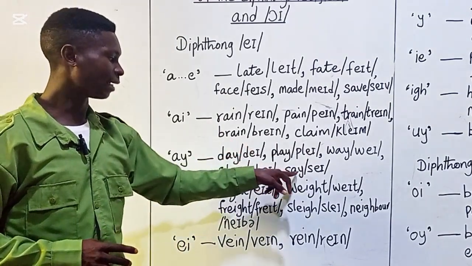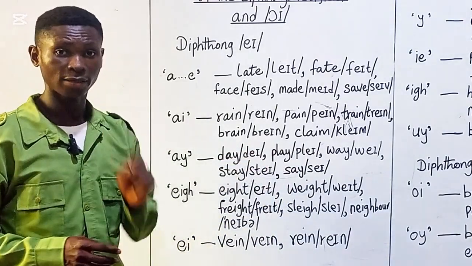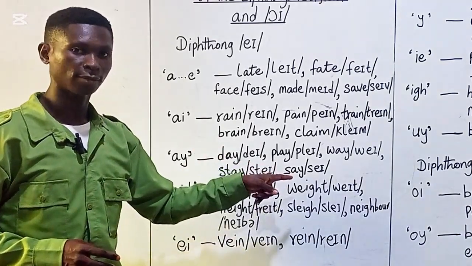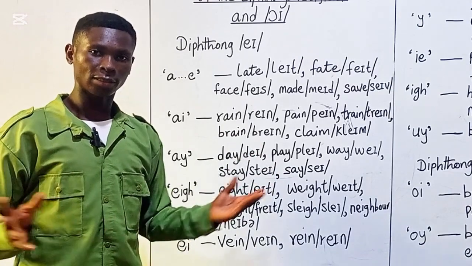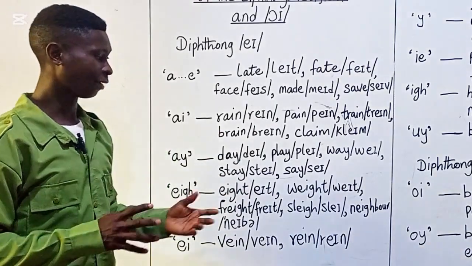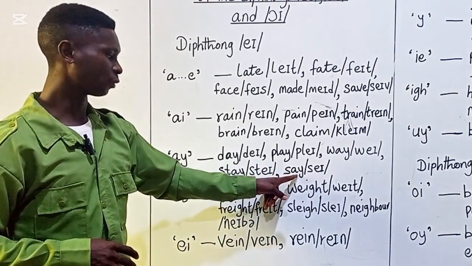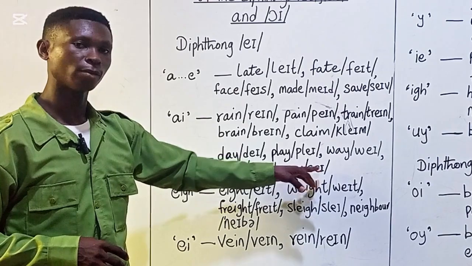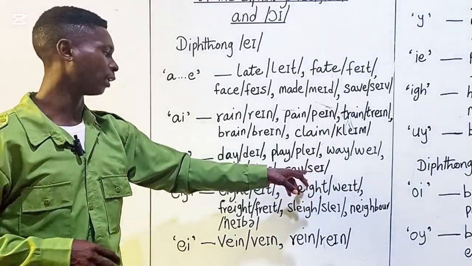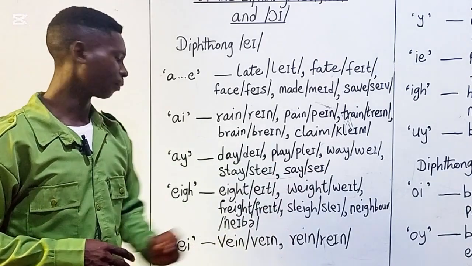Note, if you have S after say, the vowel sound will change to the short E. So we have says and not says. Normally used in setting exams. So you can have it in WAEC exams or JAMB exams. So when you have it this way, S-A-Y, it is say. But if you have S-A-Y-S, it is says. So the diphthong will change to the monophthong E.